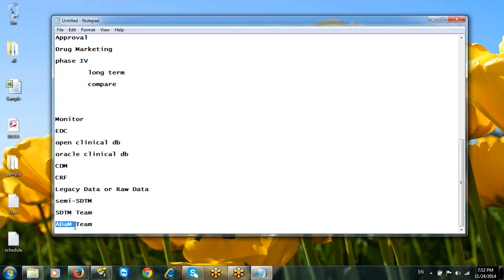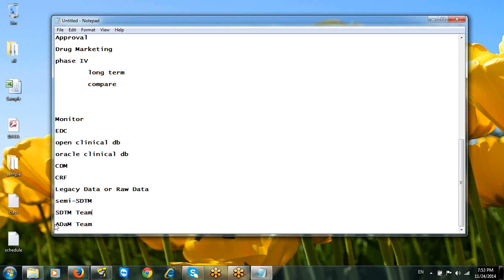The main purpose of ADaM data sets is for analysis. ADaM is the analysis data model; this is the standard data tabulation model, and this is the analysis data model. Mostly, the analysis reports will be generated from ADaM. Of course, from the SDTM tables we also generate reports, but mostly general reports like listings and tables.